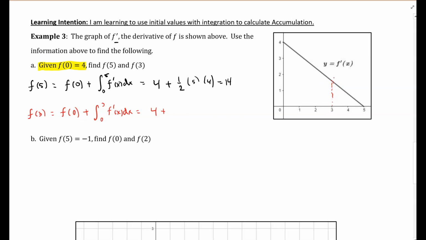So I'm going to have to take the average of the heights. My first height is 4 plus the height of my second function, which is right here. We'll get to that in a moment, times the width, and we know that the width is 3. So this value here, notice it's slightly below 2. But I want to figure out exactly what that is.